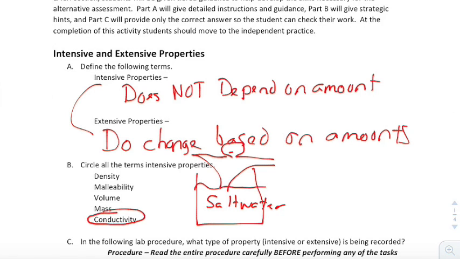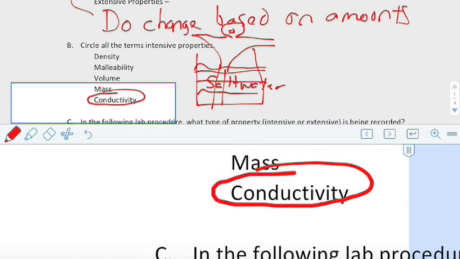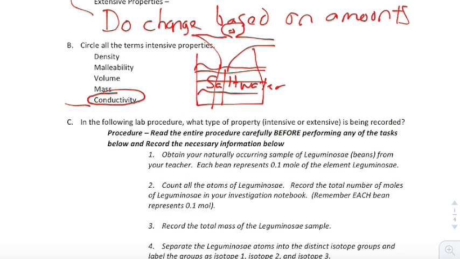Whenever you light up the light bulb, it does not depend on whether the salt water is here or here or here, as long as those electrodes are going into the salt water. So since it does not depend on the amount of water that's present, you can say that conductivity is an intensive property because it doesn't depend on how much.